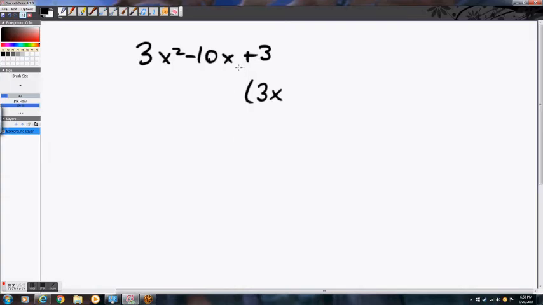Now again, this same rule applies. This is positive, so both have the same sign.